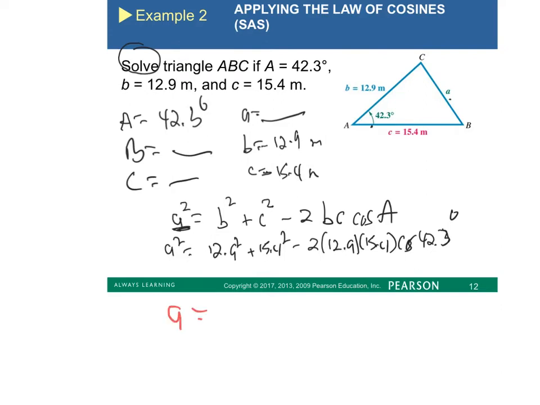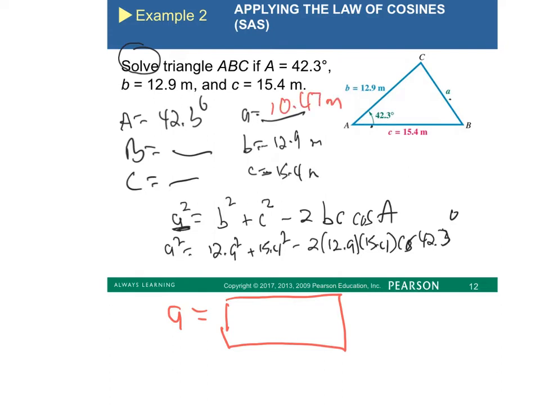When I come back, I will have the answer for A. Let's just move on. I'm sure that's the first thing the author solved for. Let's go look. 10.47.